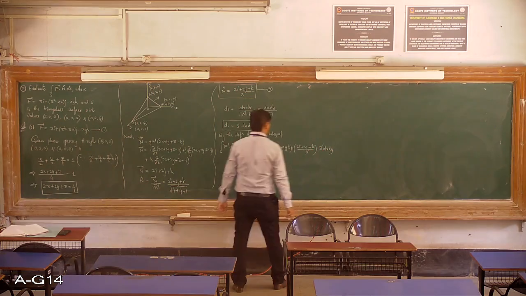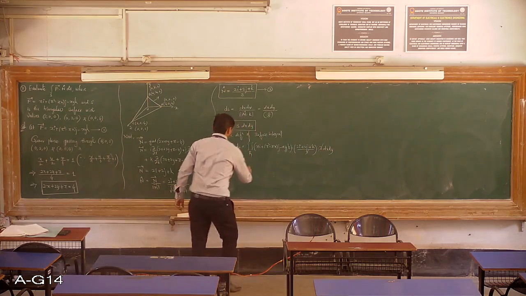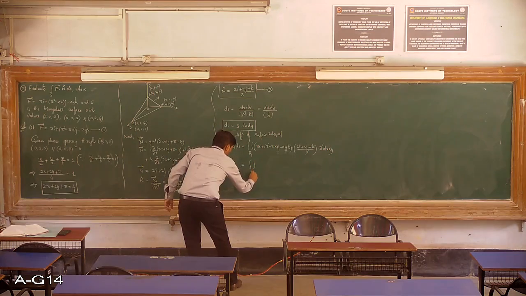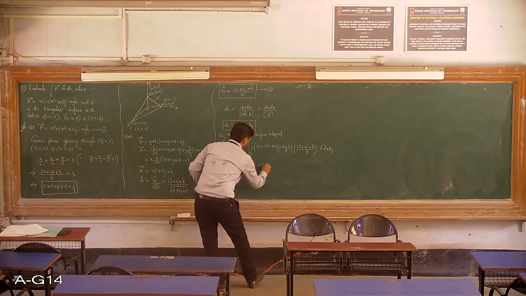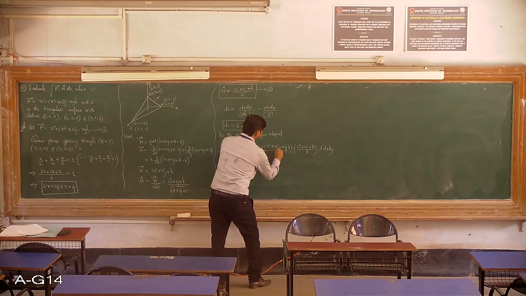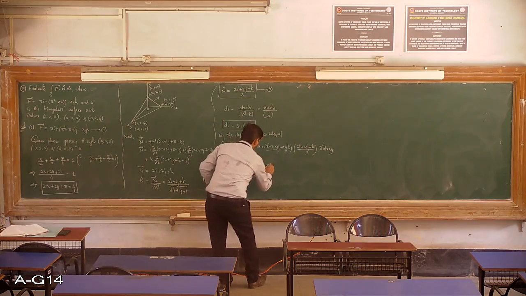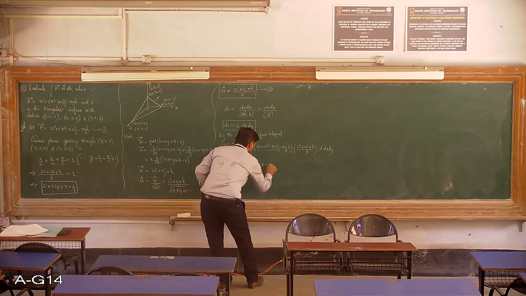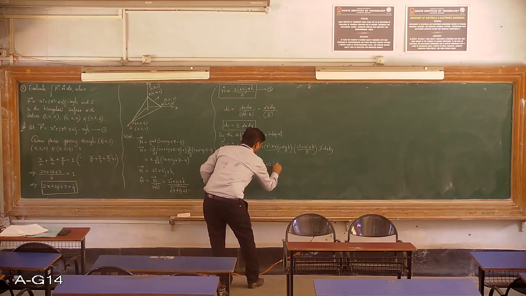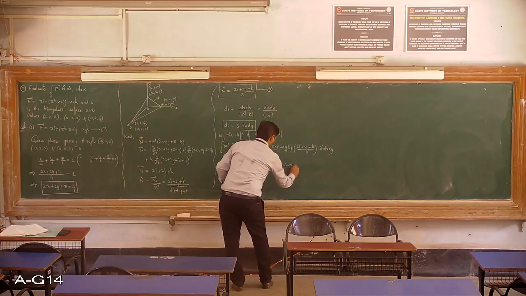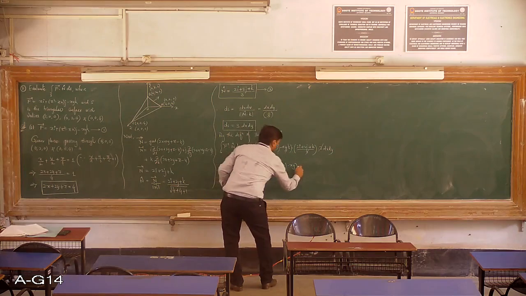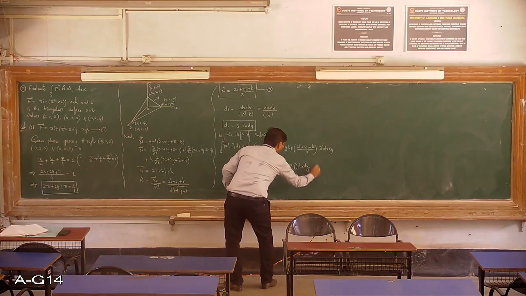This 3 gets cancelled. Now if you combine these, you get the double integration over region R of 2x plus 2(z squared minus zx) minus xy, into dx dy.